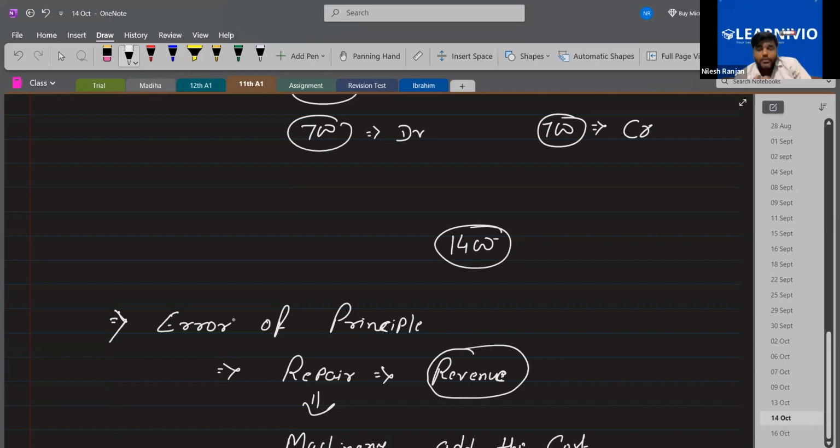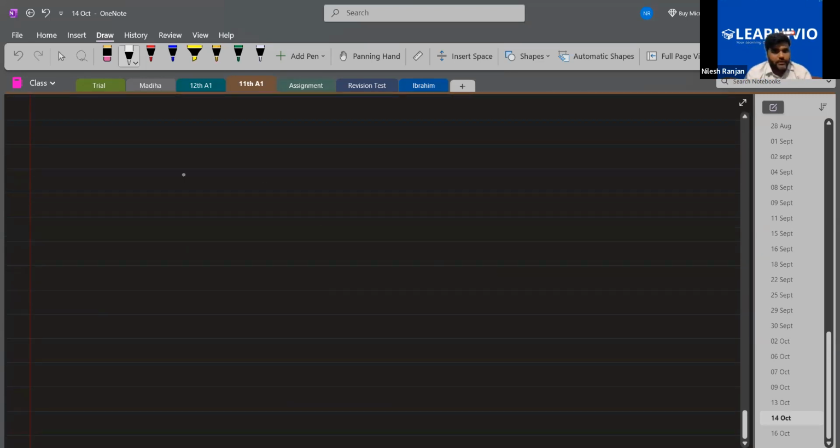So if you are writing the purchase or sale of an asset as purchase or sale, then it is incorrect. It is an error of principle. You are making mistakes which are against the rules of accounting. Then that is a mistake. There is a rule of accounting, which I will tell you now. That is called the conservatism concept.